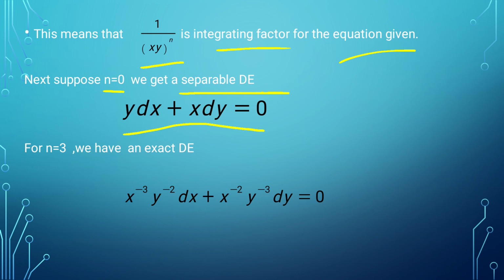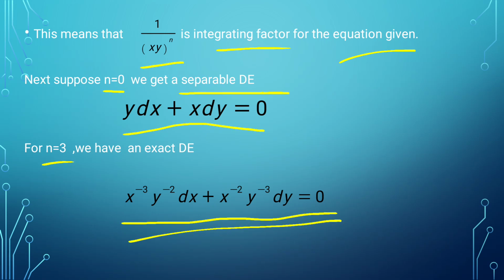For n equal to 3, you'll find that after substituting the value of n, we get this equation here. And this equation here is an exact DE. So how to solve an exact DE?